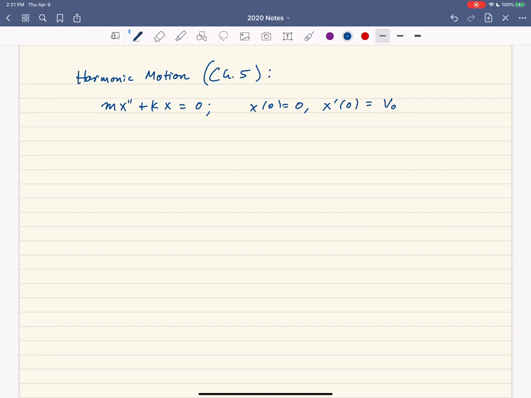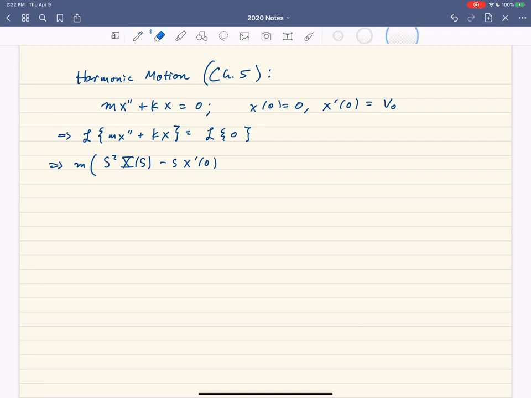If we take the Laplace transform of both sides, we'll get the Laplace transform of m times x double prime plus kx equals the Laplace transform of the 0 function. The Laplace transform of the left side is going to be m times the Laplace transform of x double prime, which is s squared capital X of s minus s times x of 0 minus x prime of 0.